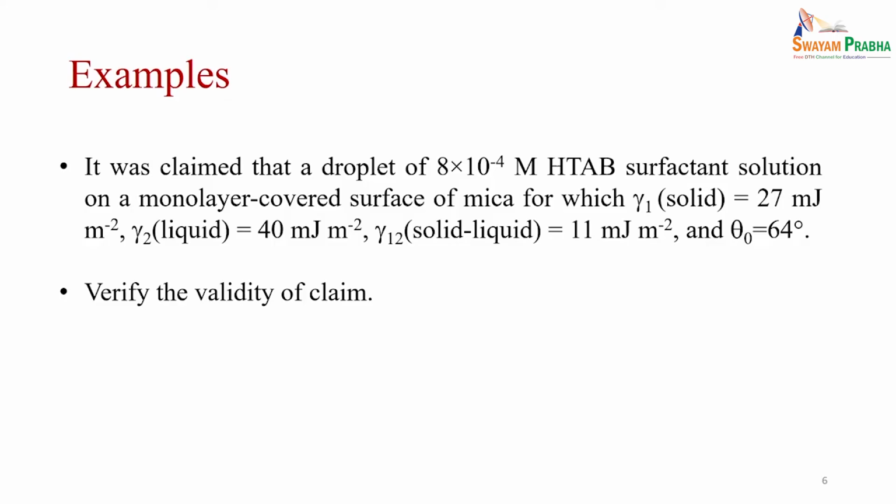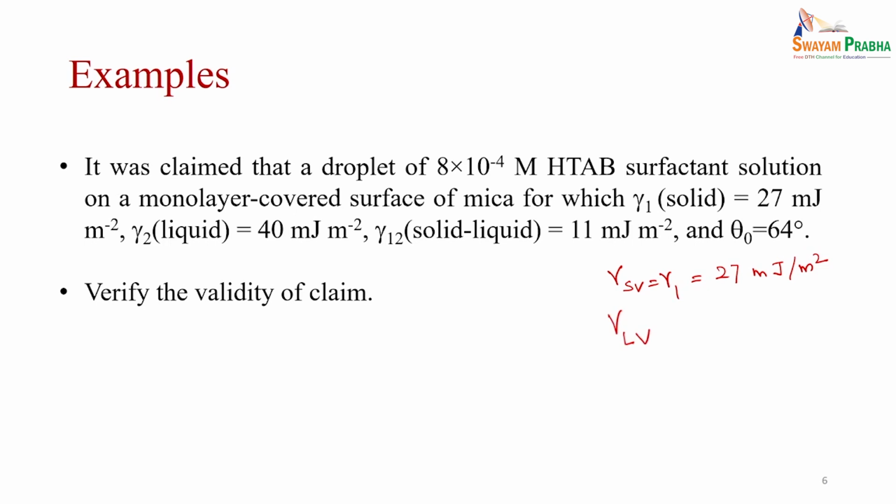So, here I have listed one example. It says that all three interfacial tensions are known. Solid vapor, gamma solid vapor or gamma SV, is equal to 27 millijoule per meter square.